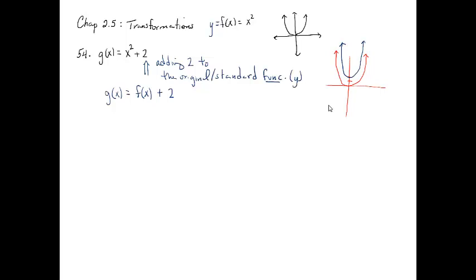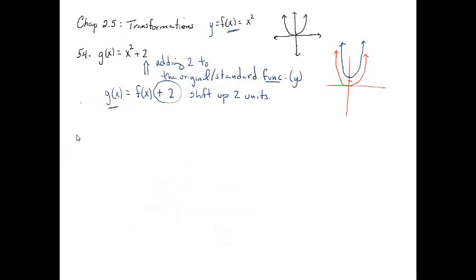Okay, roughly that's what it looks like. Technically, they probably should overlap, but that's okay. It's just a sketch. So what's the difference between g of x and f of x? Well, the difference is I'm adding 2 to the function, which means I'm going up 2. So this is a shift up 2 units.